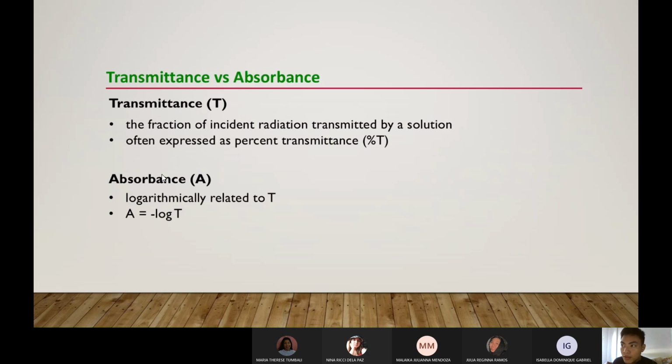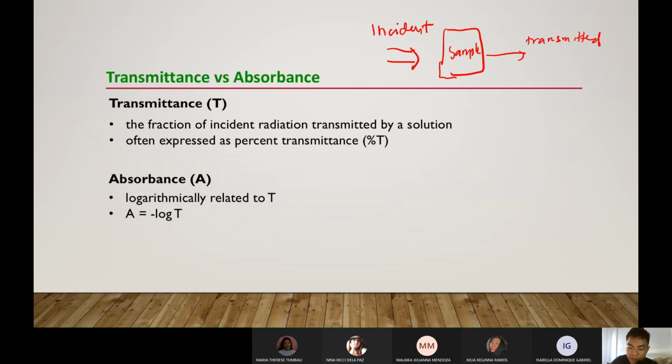So there are two things that we have to know here. Transmittance and absorbance. Transmittance is the ratio of the transmitted light and the incident light. Remember the picture earlier, this is the incident light. There's a lot of it, but since we have a sample here, it absorbs some of the energy, so only a little is transmitted.